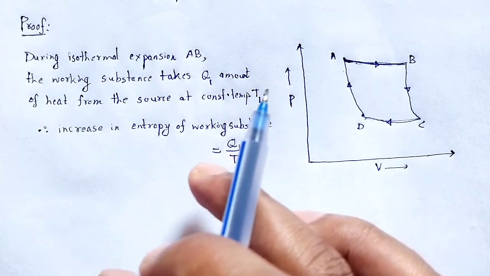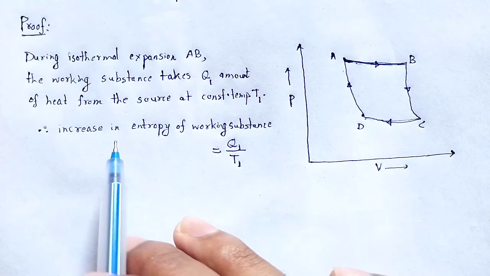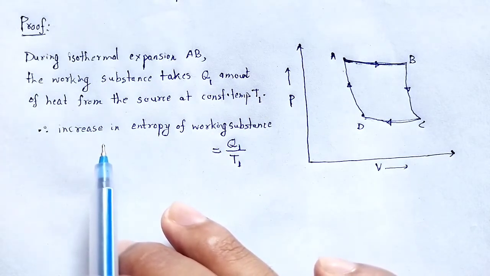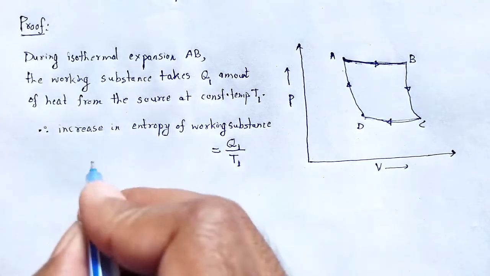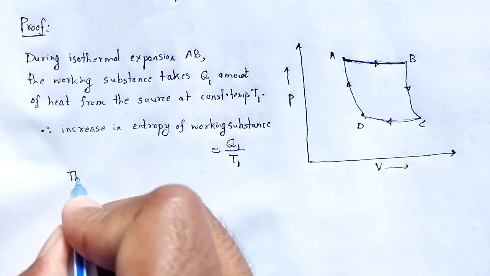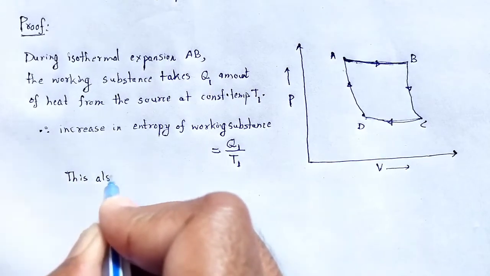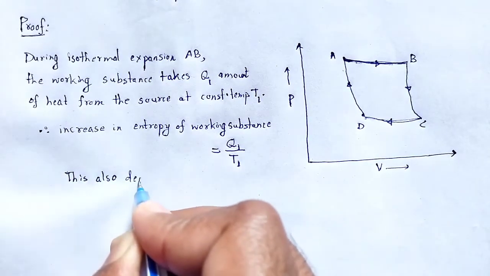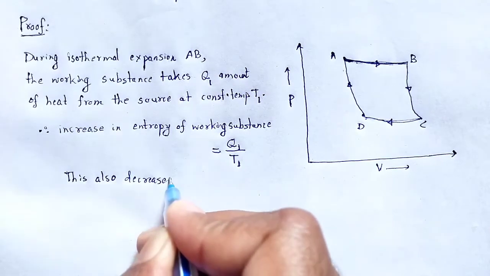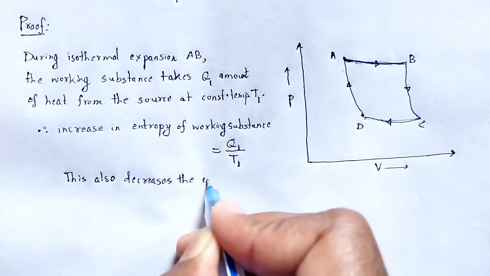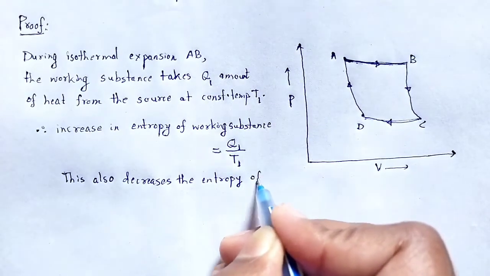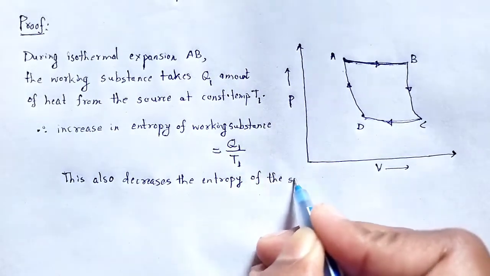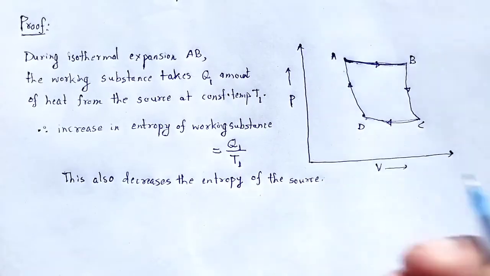In that case, there is also a decrease in the entropy of the source.